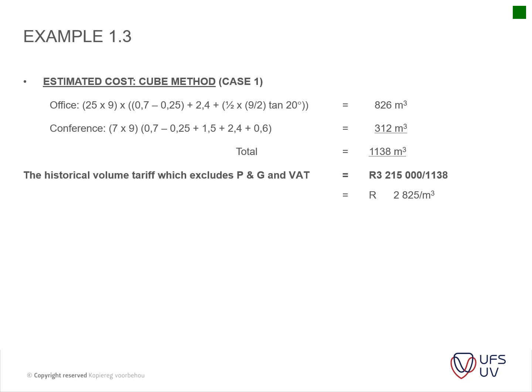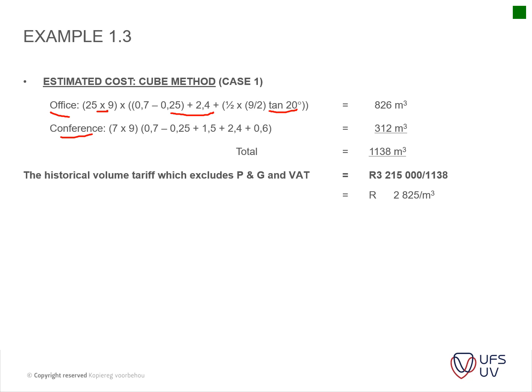Okay, so your estimated cost cube method is your office building, and you've got a conference center. Basically, you've got your area, then you calculate the height of your ceiling. I'm going to explain the little trigonometry formula that you need to know as well, so you will have to practice this.